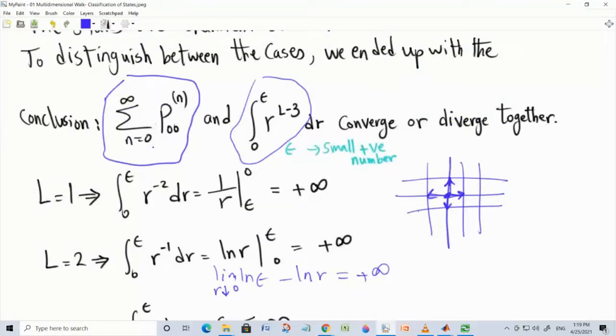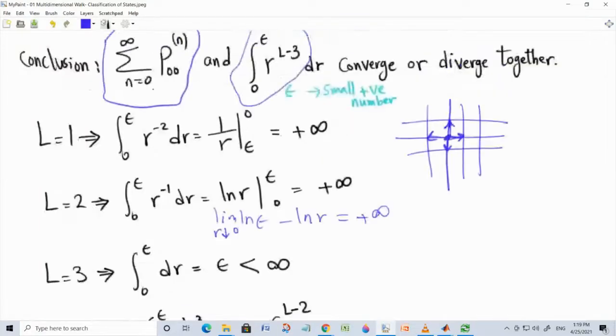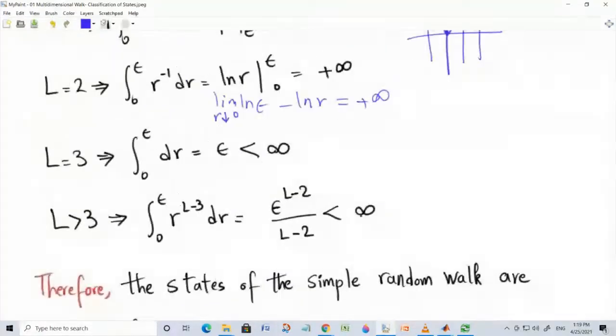Now, if L is equal to 3 exactly, then we have r to the 0, which is 1, and the integral becomes just the positive epsilon. So now we start getting finite values. And if L is greater than 3, then this integral will be r to the L minus 2 over L minus 2, and again, this is a finite number.